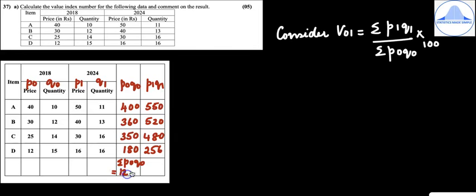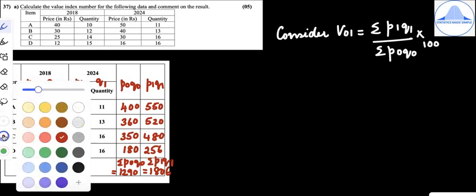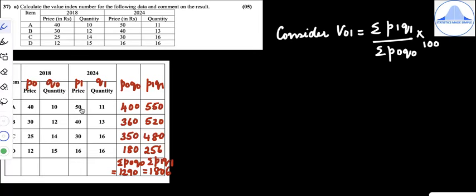Then calculate summation P0 Q0, which is 1290, and then find out summation P1 Q1. The total is 1806. Now let us substitute these totals in the formula of the value index number.